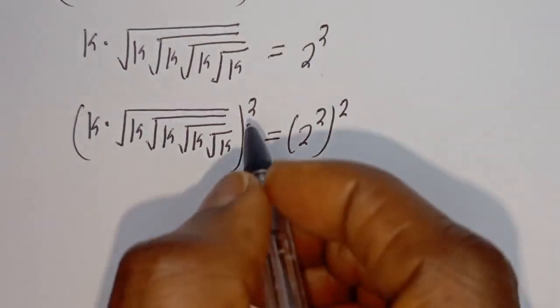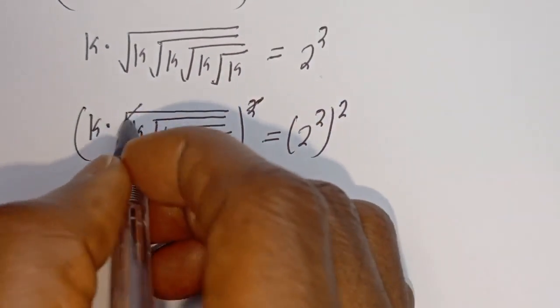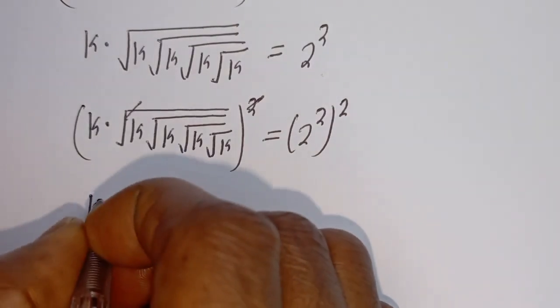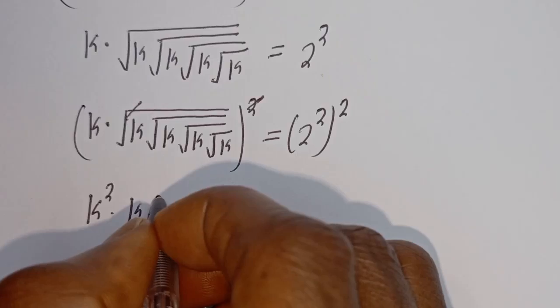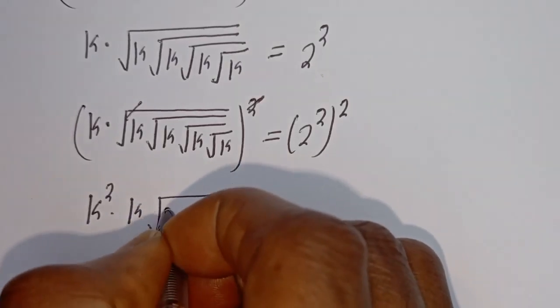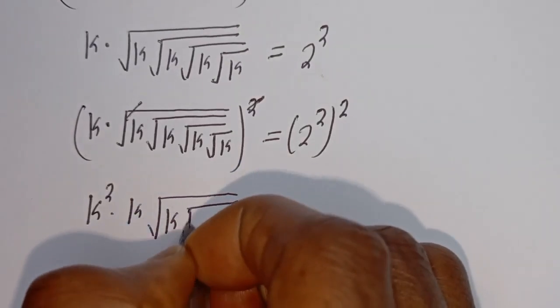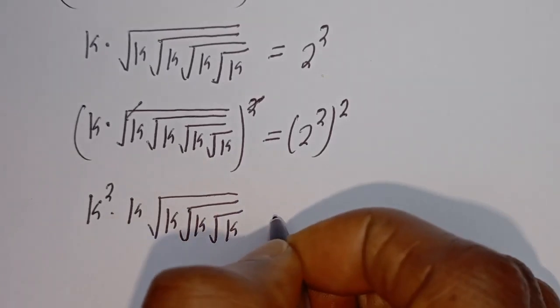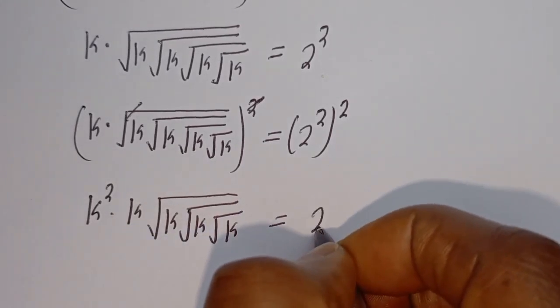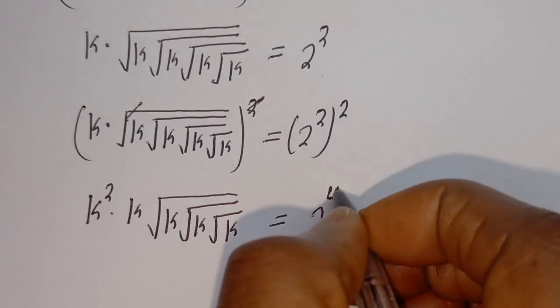Then here, this we cancel this. You have k squared multiplied by k, square root of k, square root of k, square root of k, is equal to 2 to the power of 2 times 2, that is 4.